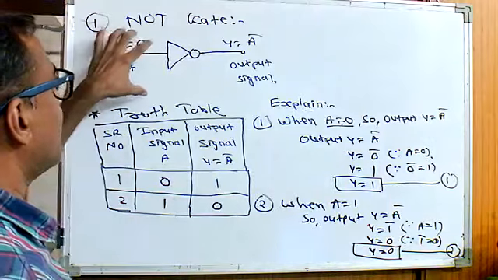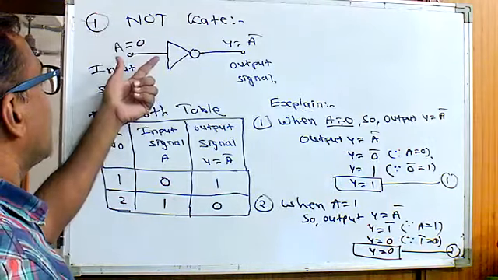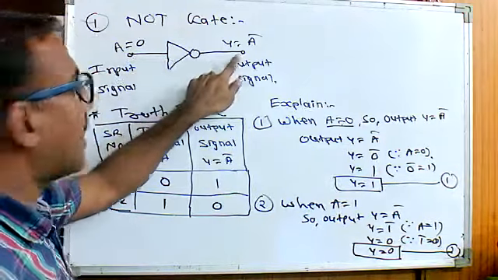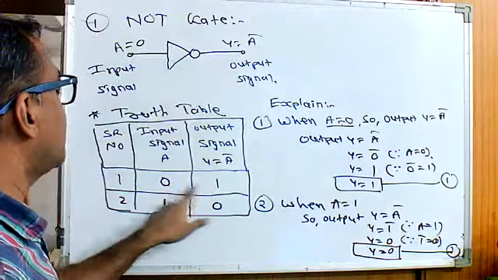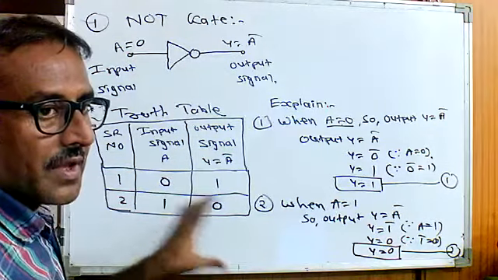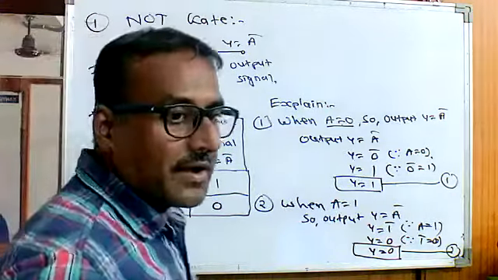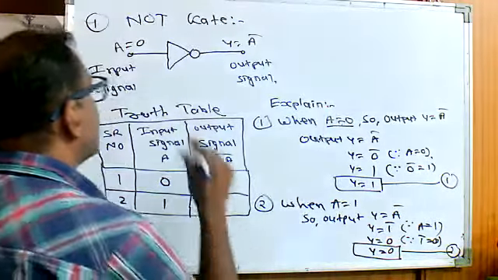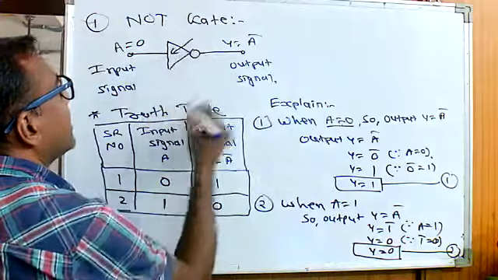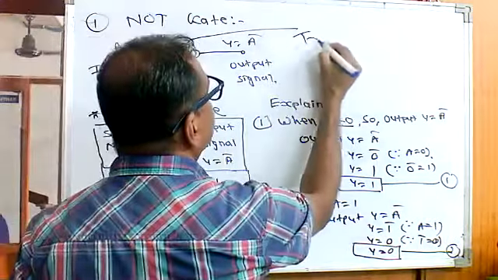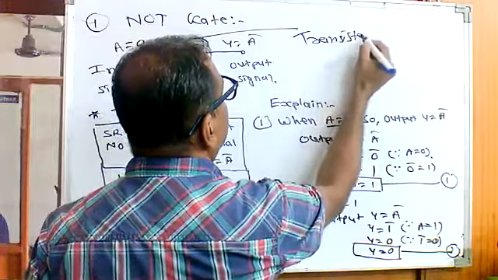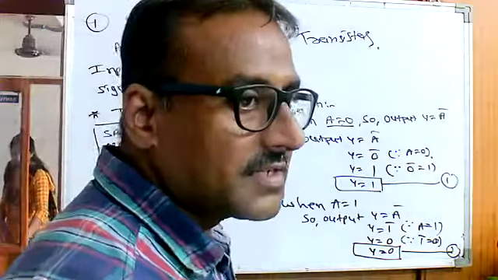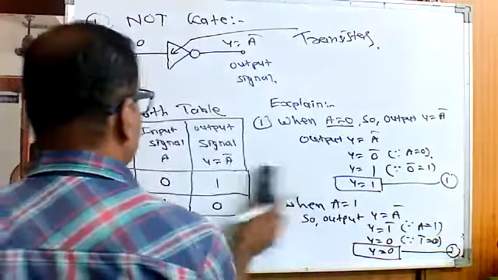So the definition of NOT gate: the NOT gate has only one input signal and only one output signal. Output is the complement of the input signal. Now the circuit diagram of the NOT gate. Inside the NOT gate, a transistor is used. Let me explain how the transistor works in the NOT gate circuit.